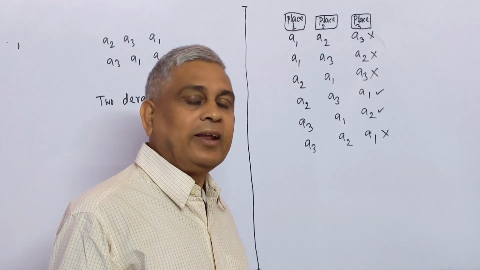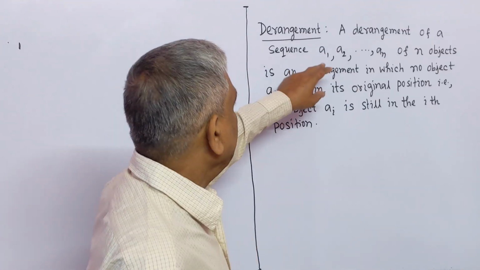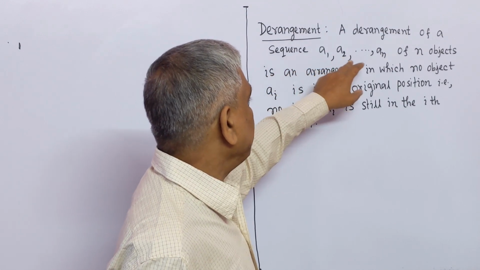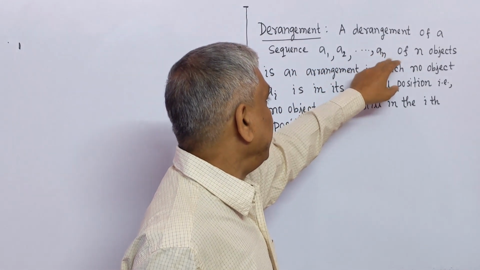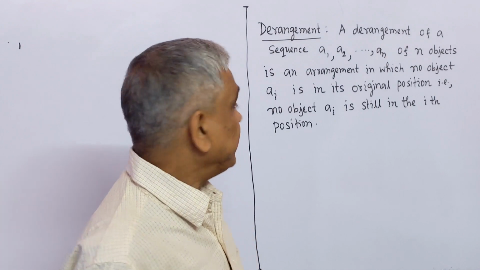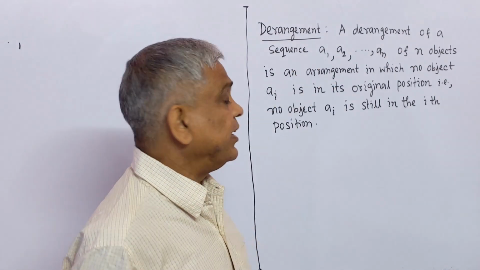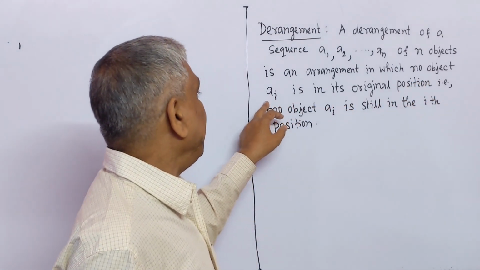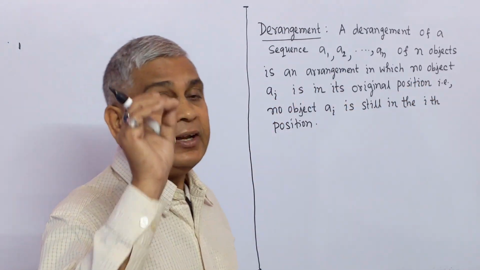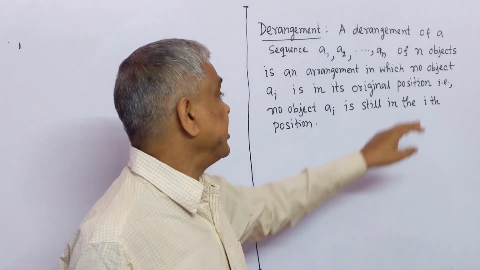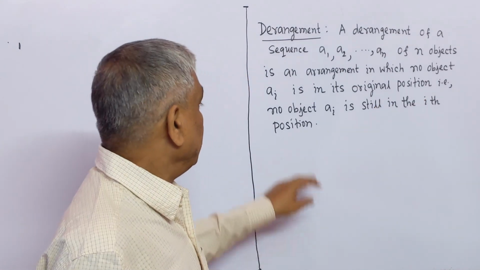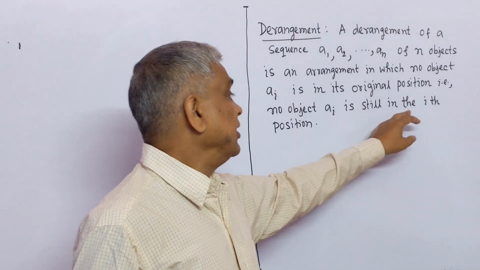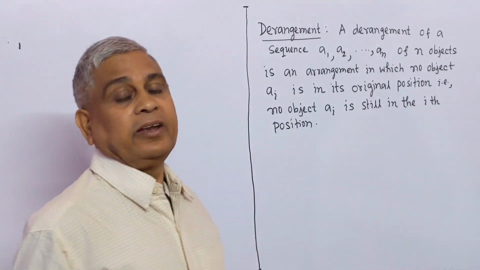Now we define the derangement. A derangement of a sequence A1, A2, ..., An of n objects is an arrangement in which no object Ai is in its original position. That is, no object Ai is still in the ith position.